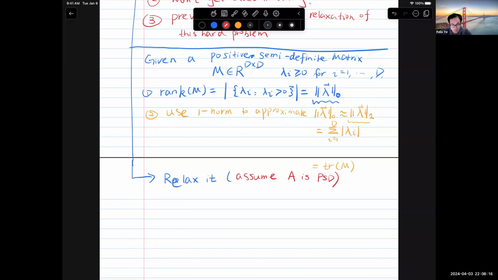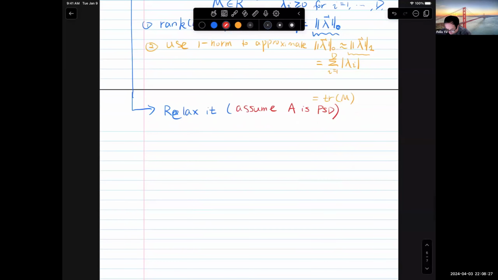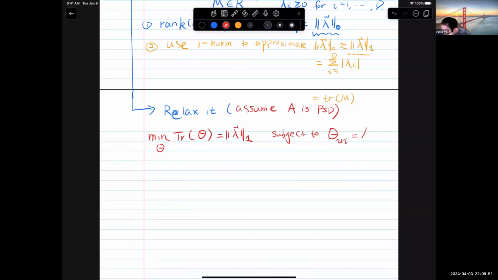All right, this can be relaxed by replacing the rank by the trace. So instead of minimizing the rank, you minimize the trace. This turns out to be much easier to solve. So this is basically the one norm subject to theta_ui equal to A_ui.